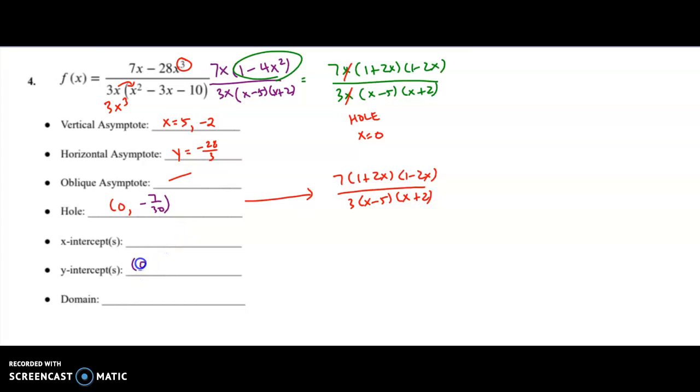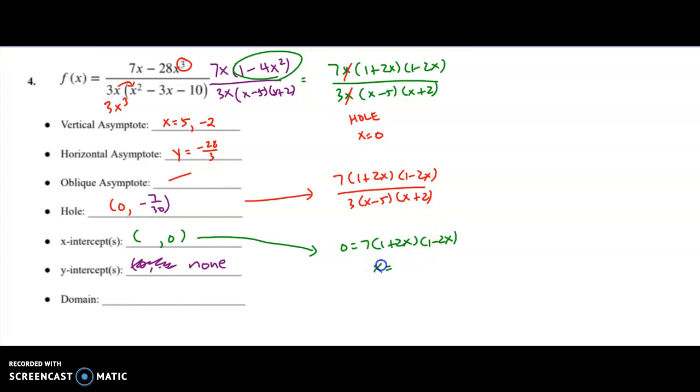Y-intercept, we know x is equal to 0. But we just said there's a hole at 0, -7/30. If there's a hole, then there's actually no y-intercept, so there's none. For the x-intercept, we know that means y is equal to 0. And so I'm going to take my simplified numerator and set that equal to 0, and you end up just solving for each of these parentheses.